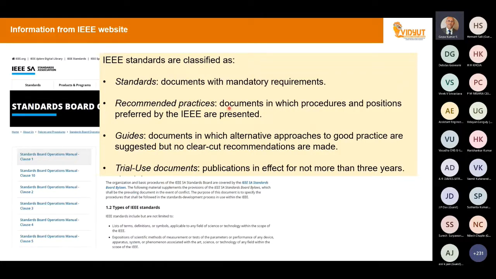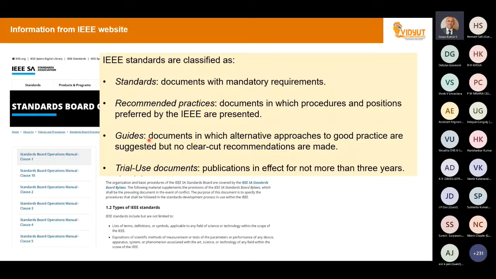Recommended practice means documents which present procedures and positions preferred by the IEEE. That means these are IEEE's preferred methods. Guide: documents in which alternate approaches to good practices are suggested, but no clear recommendations are made.